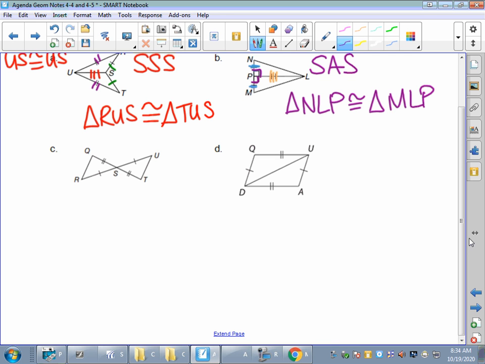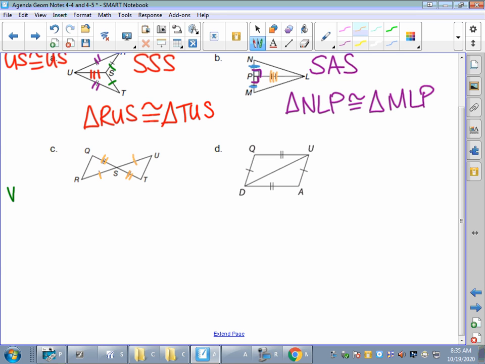In letter C, I've got a pair of single dash sides. I've got a pair of double dash sides. So do I have another pair of sides or do I have some angles that are congruent? Well, I don't know if QR and TU are congruent. There's nothing telling me that they are. However, we're really going to flip back to chapter 1.